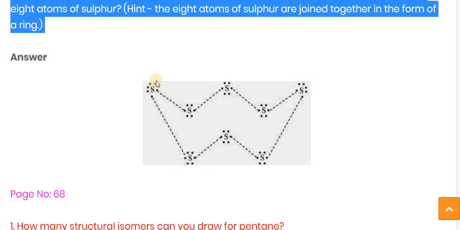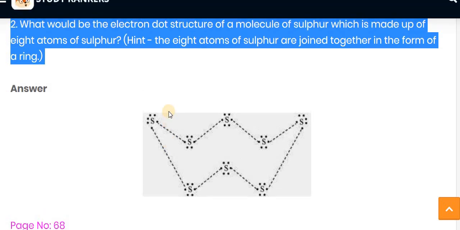Here you can see the outer valency of sulfur is 6, and there is sharing of one electron with each other, and this is how the structure of sulfur is formed. What would be the electron dot structure of a molecule of sulfur made up of 8 atoms?